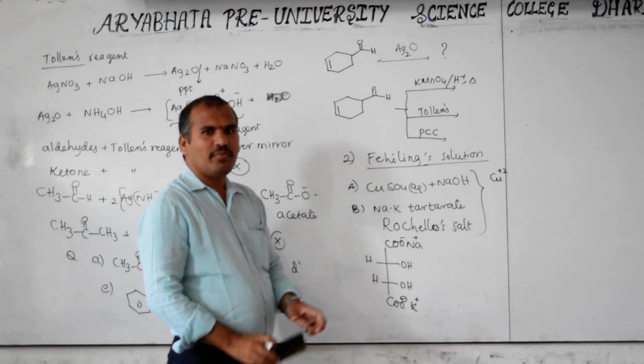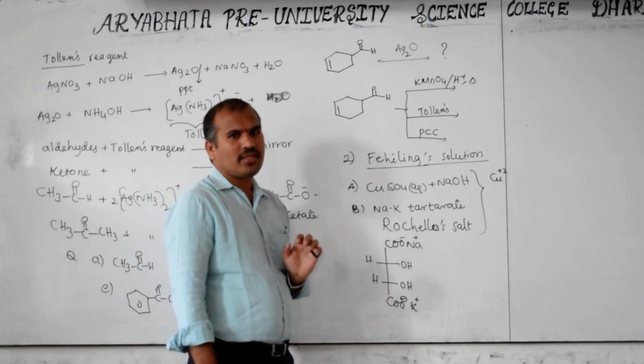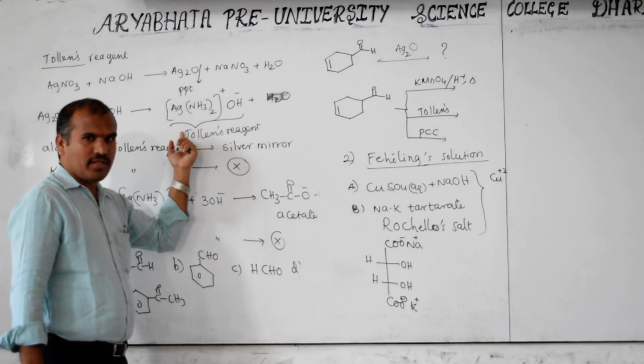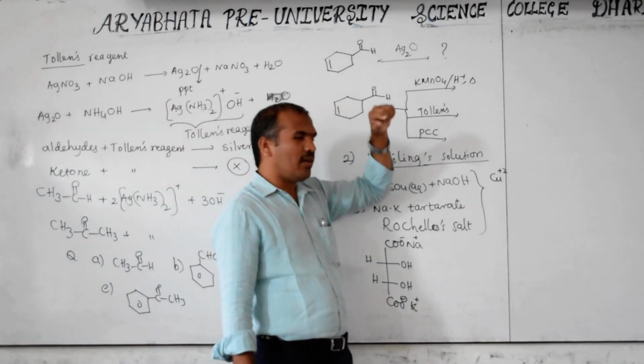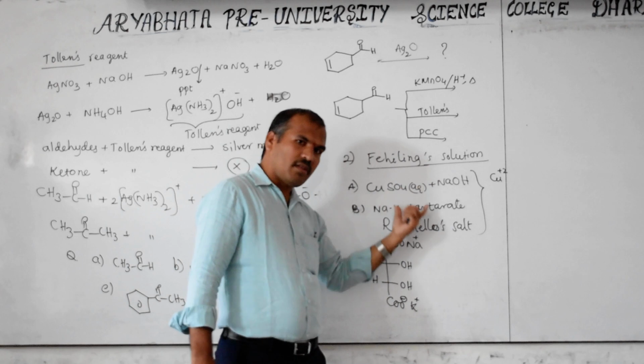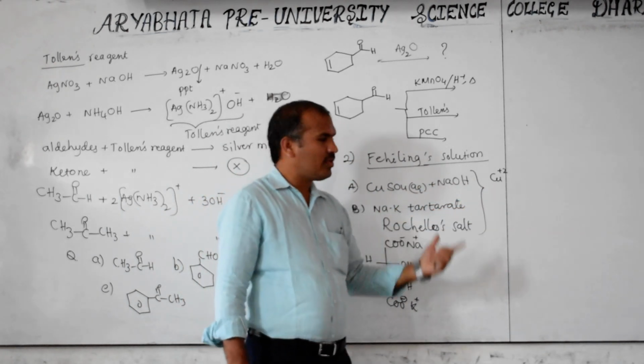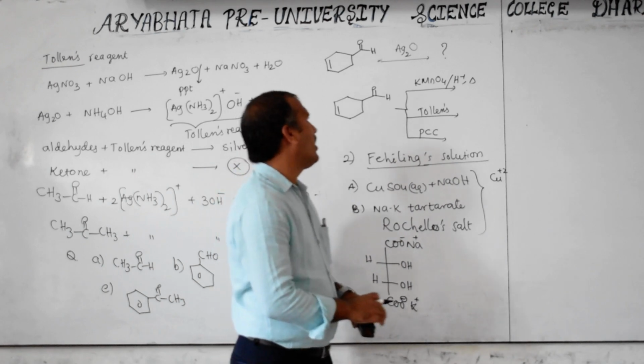In the equation it is simply represented as Cu2+. Similarly, for Tollens reagent this total form or simply this form is represented. But in the equation we cannot represent it all. So in total it is simply represented in which form? Cu2+ form.